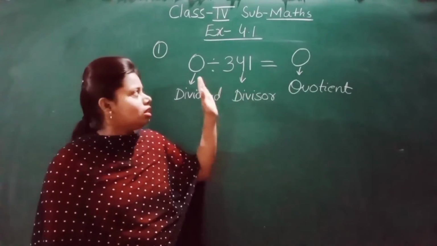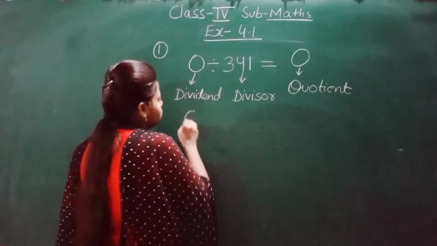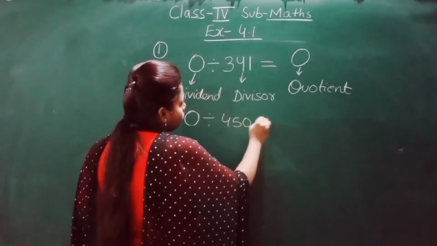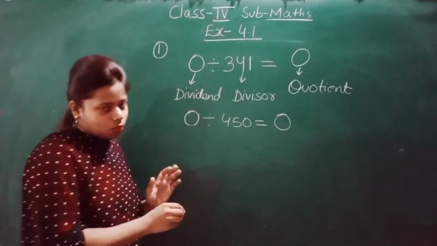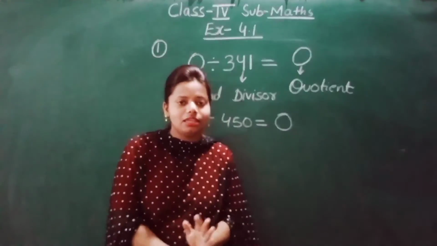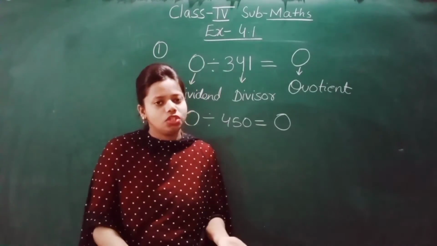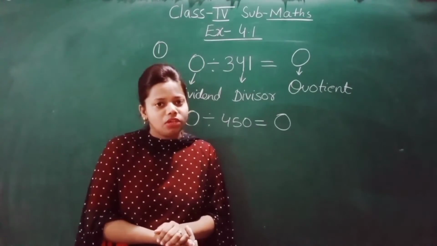Don't think it is only 341. I'll give you one more example, 0 divided by 450. It will be 0. So property number 1 is clear: 0 divided by any number gives quotient 0. Now let's see property number 2.